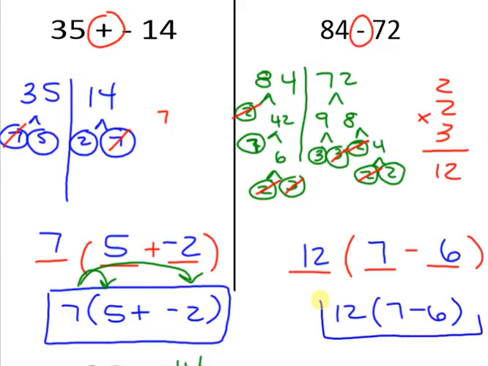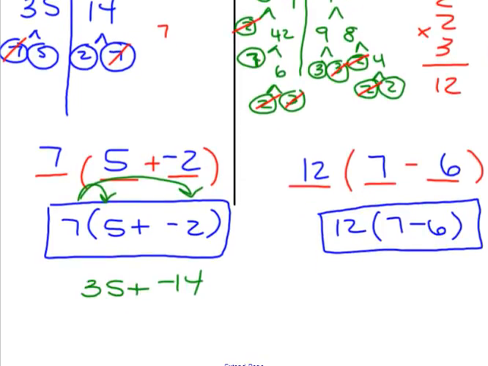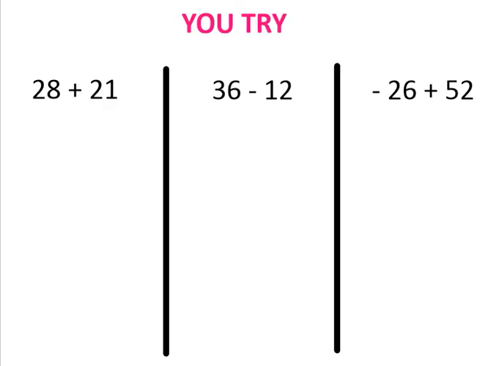Put a box around it. And when you can, check your work. 12 times 7, 84, minus 72. Alright, go ahead and try these 3.